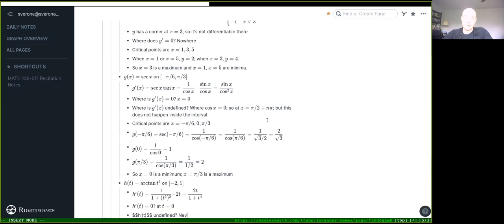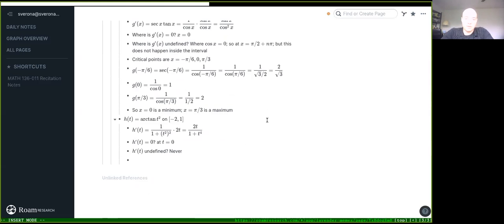The answer is never, because the denominator is never 0. That's a sum of perfect squares. So critical points are at t equals -2, 0, and 1.